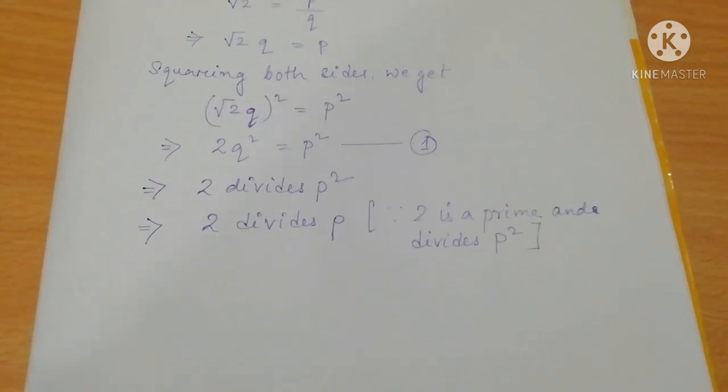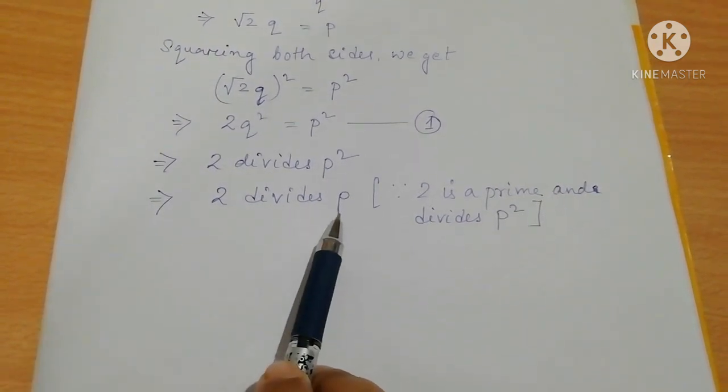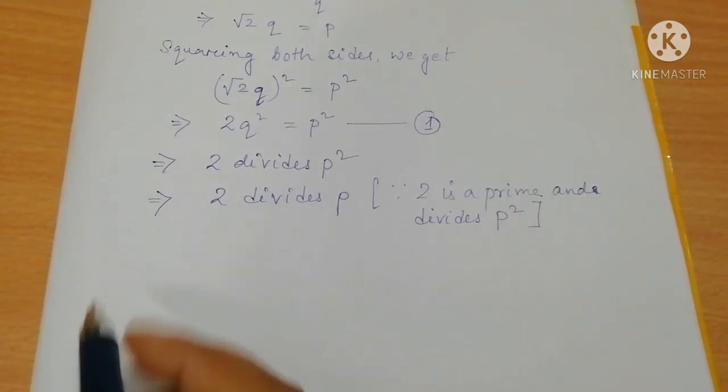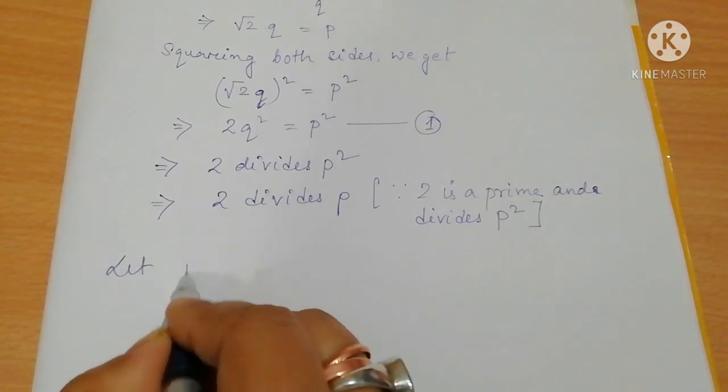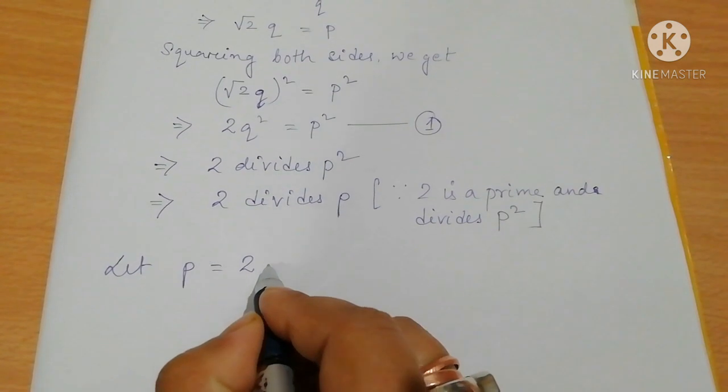Now let us take this p equal to 2c. Suppose this p is equal to 2c.